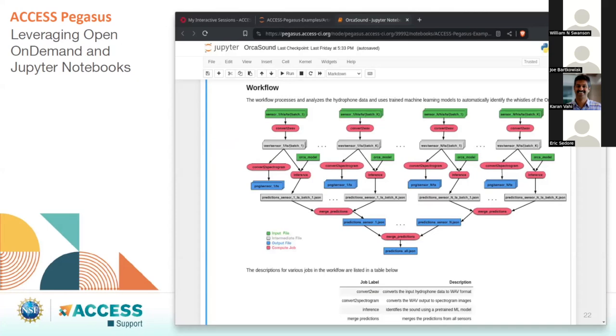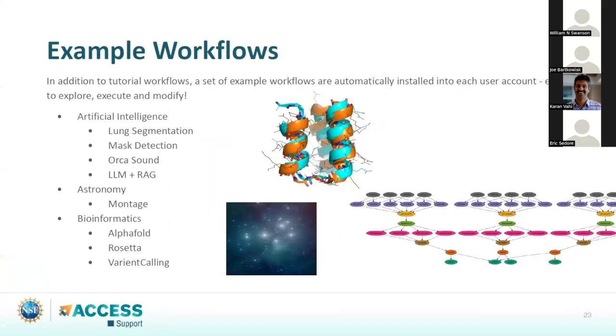So this is a band we want users to be able to self-serve. When you log in, you will find that there's already a directory in your home directory that has the example workflows. It also has a self-guided tutorial. So you can step through these, learn how to use Pegasus directly in the notebooks, and then at the end we can look at these example workflows that maybe fit some needs that you have.